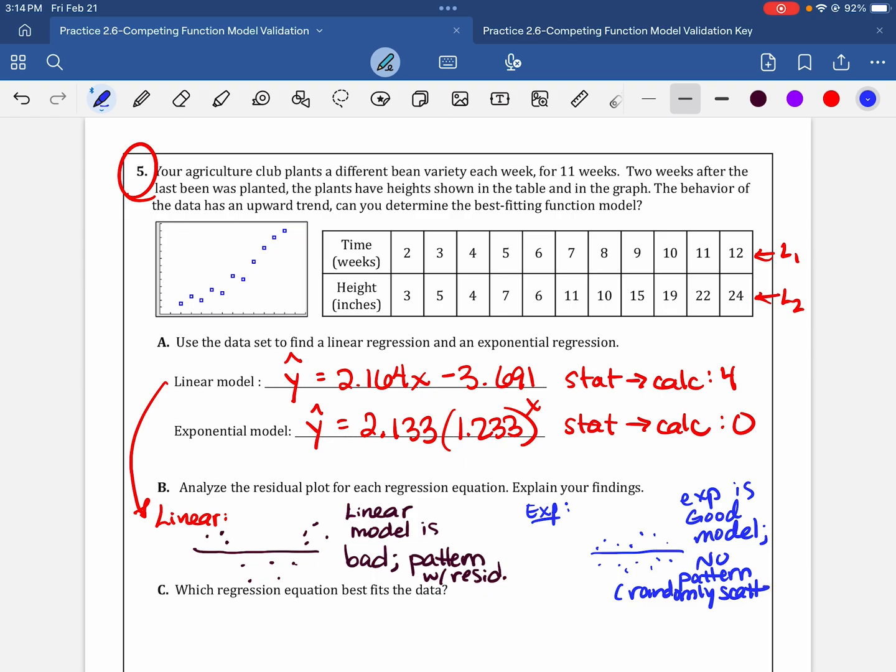But evenly scattered really is what I always kind of think about. Evenly scattered on both sides of the x-axis. That means the regression equation or graph of the regression kind of goes through those points as best as it can. Best fit. So which regression best fits? I said exponential, and that was it. You can read the additional stuff she said, but I don't think you need to. And that's it for number 5.